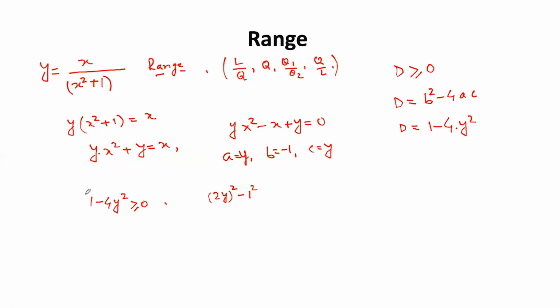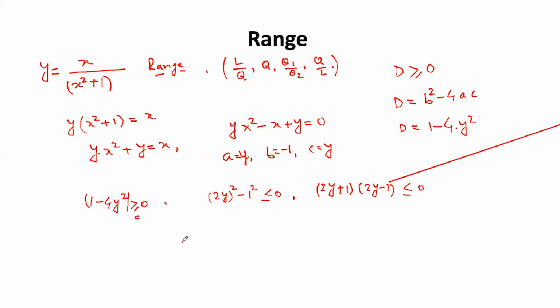Since we are multiplying this with a minus sign, the inequality sign will change and this will go to less than or equal to 0. And with factorization, this is giving (2y plus 1) into (2y minus 1) less than or equal to 0.